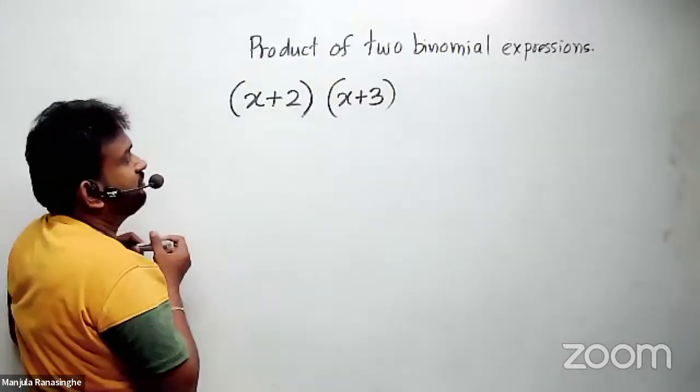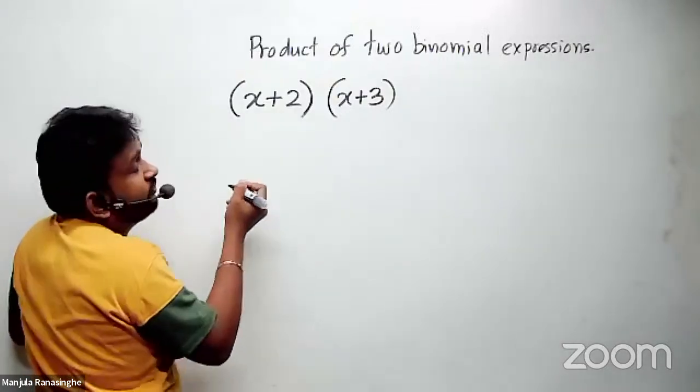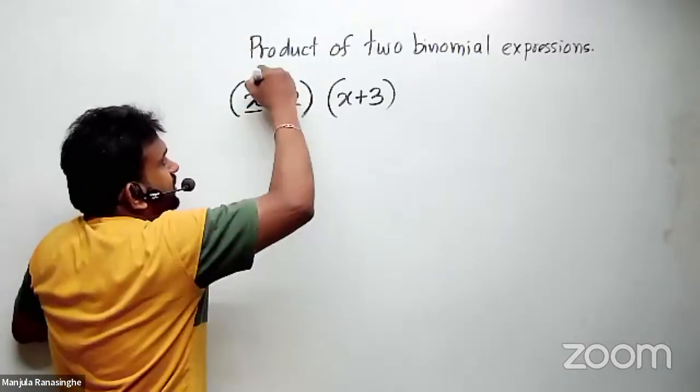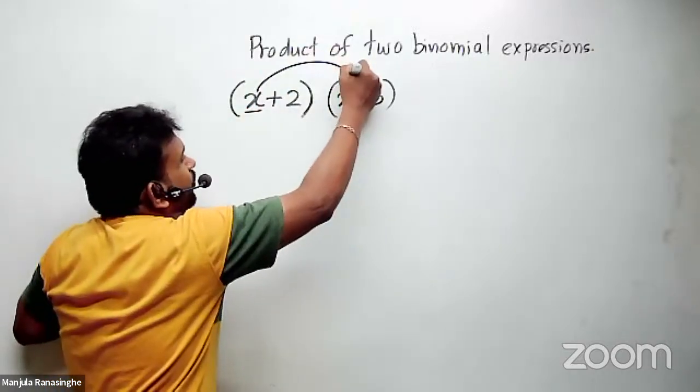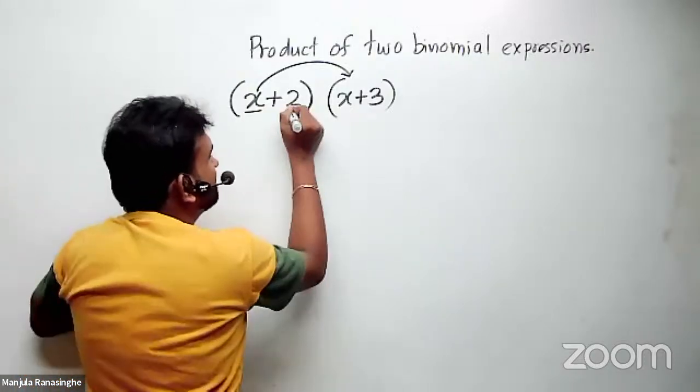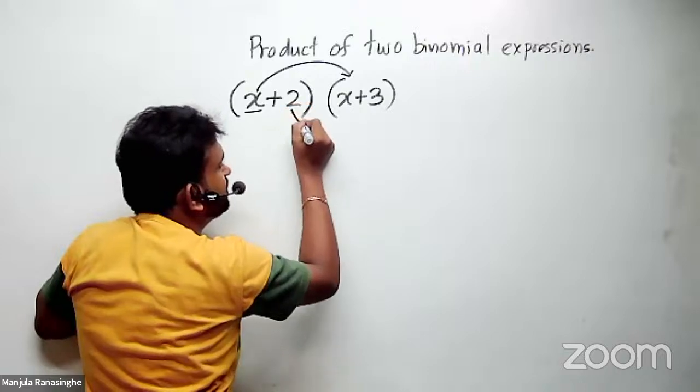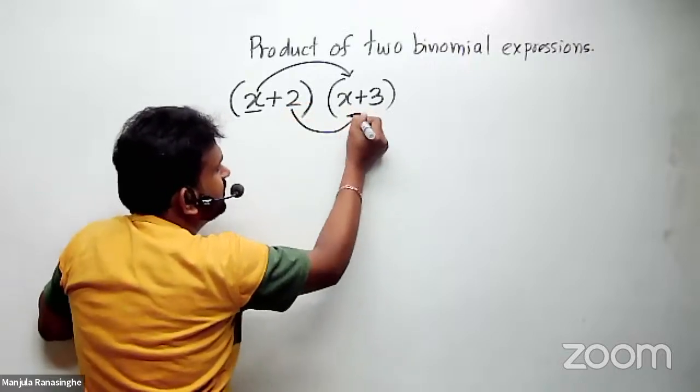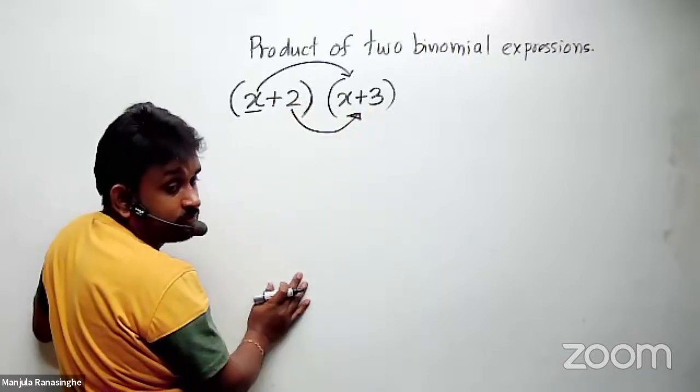In a simple manner, the first term of the first expression will multiply by the whole expression x plus 3, and then the second term of the first expression is also multiplied by the whole second expression.